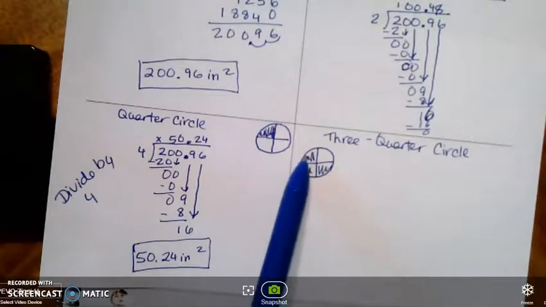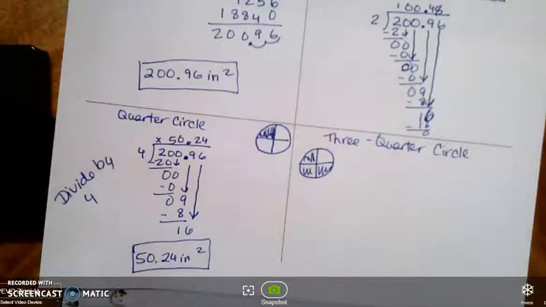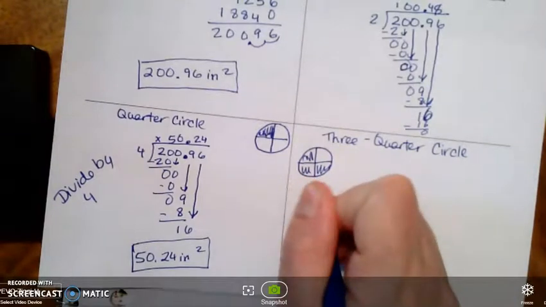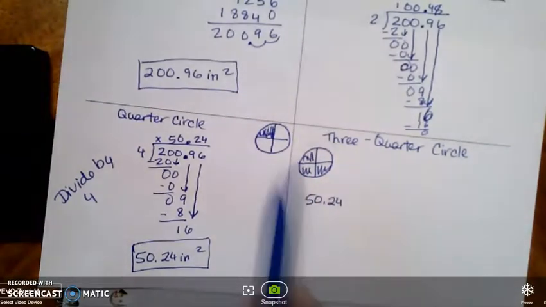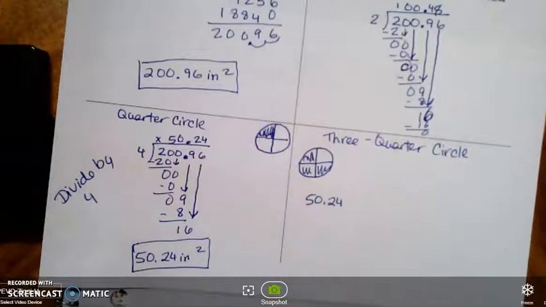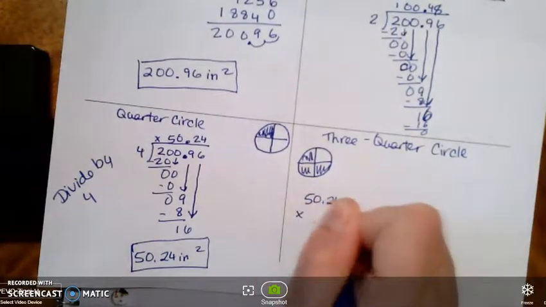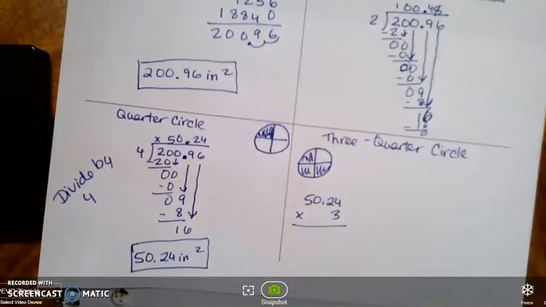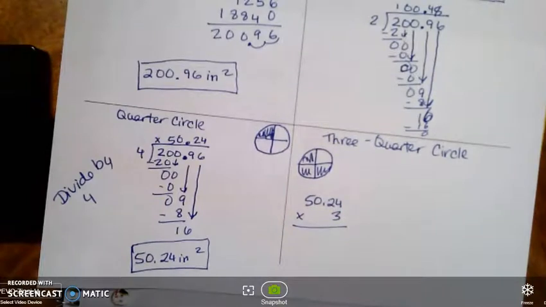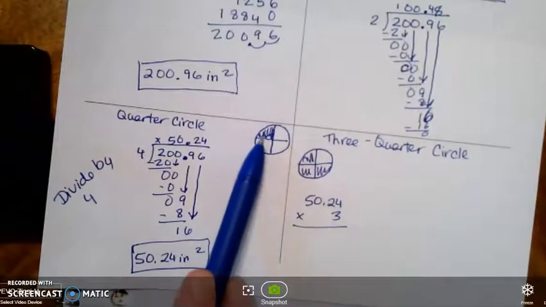That little piece is. Well, I have 3 pieces just like it. So if I want to, I can take 50 and 24 hundredths and add it 1, 2, 3 times, or I can just multiply it by 3. Now what you need to remember is you don't take the total area and multiply by 3, you take the 1 section.